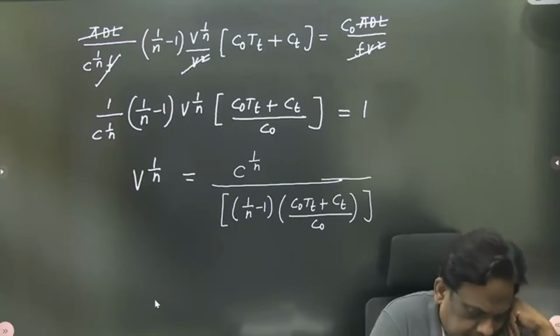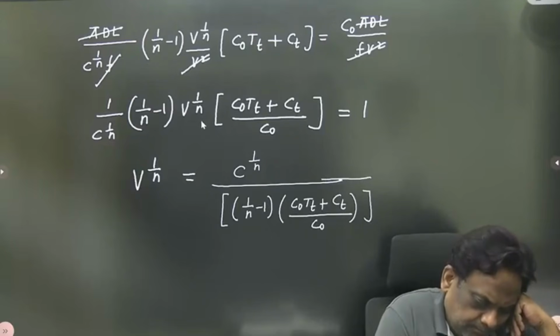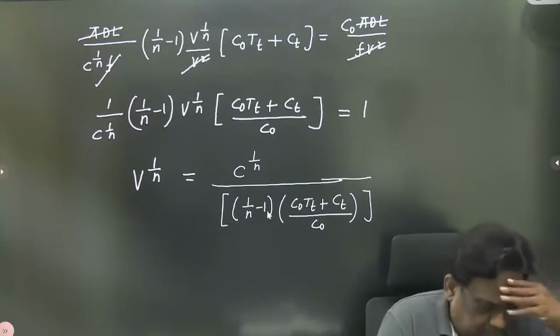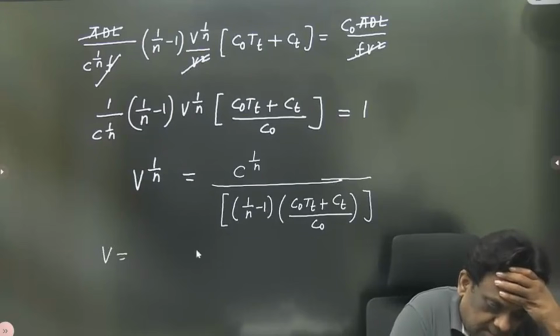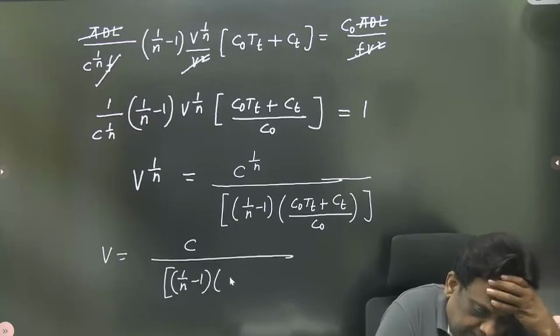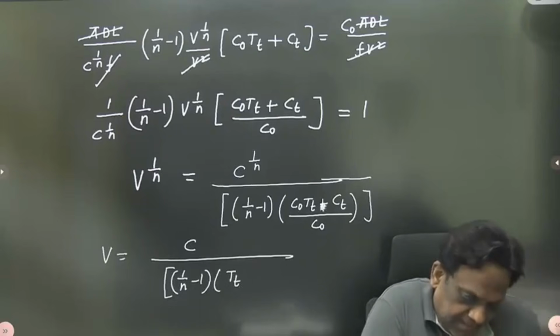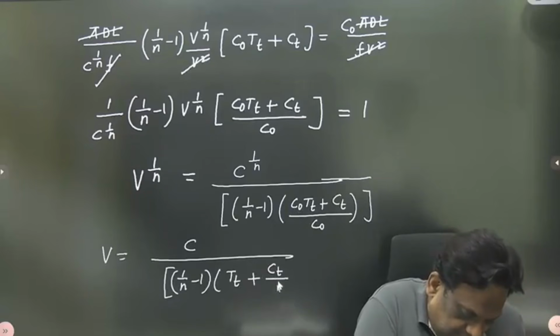I think it is correct. Not 1 by n. Correct. So you raise both sides with n. Raise n on both sides. c naught is gone, so divide: tt plus ct by c naught.